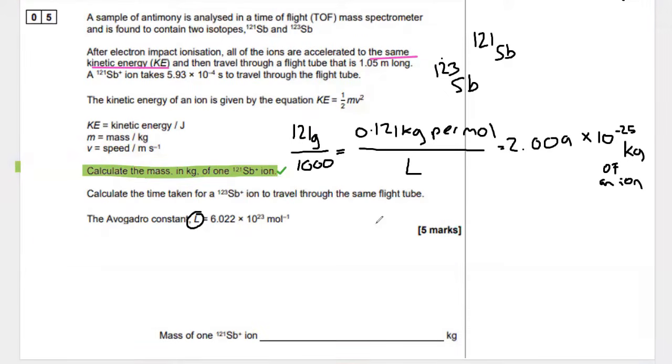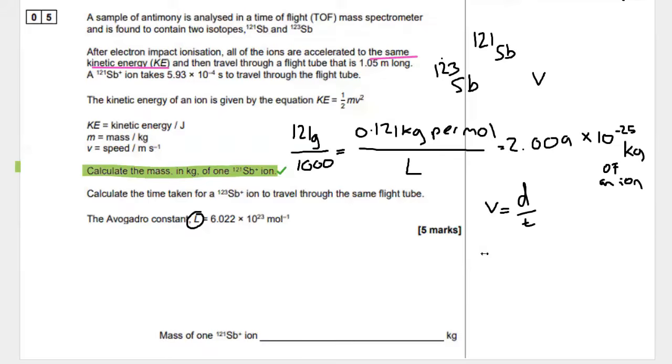In order to do that, we need to find the velocity of that first ion as well. Velocity is equal to distance over time. And guess what? They've given us the distance. The distance was 1.05 meters and the time was 5.93 times 10 to the minus 4 seconds.